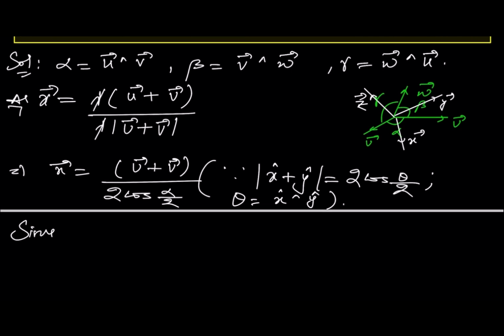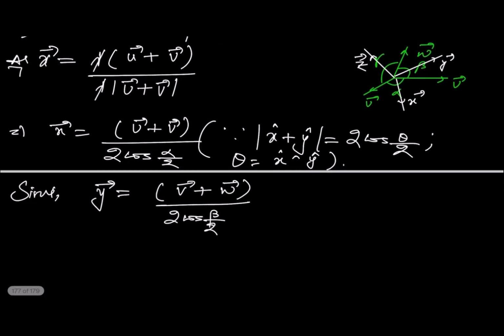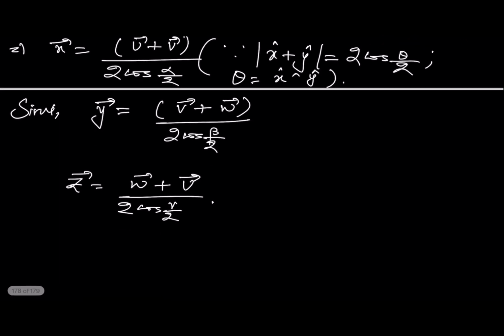Similarly, y vector is v plus w upon 2 cos beta by 2, and z is w plus u upon 2 cos gamma by 2, right?